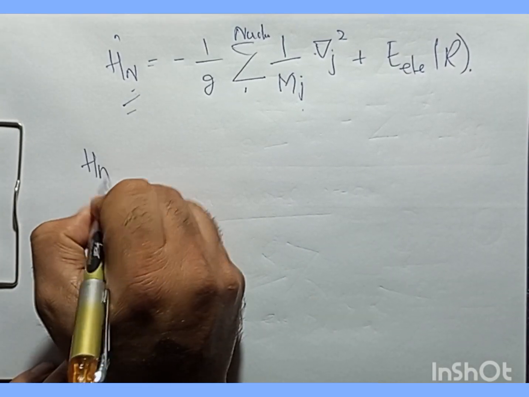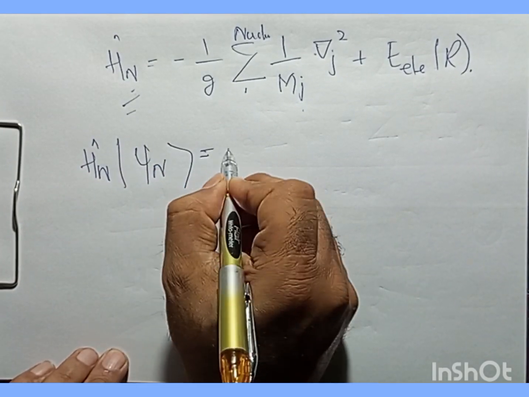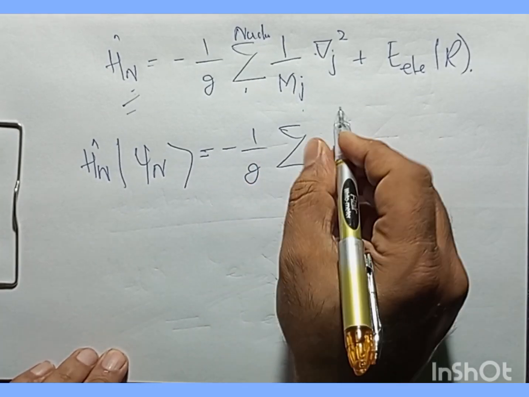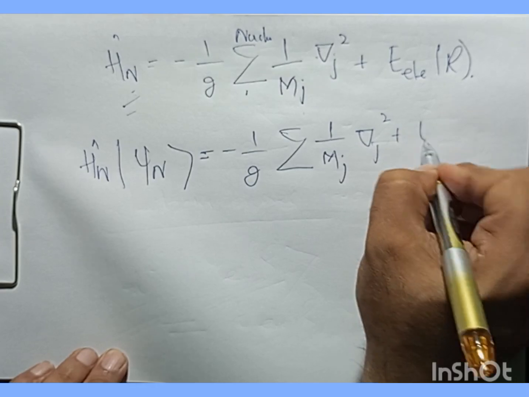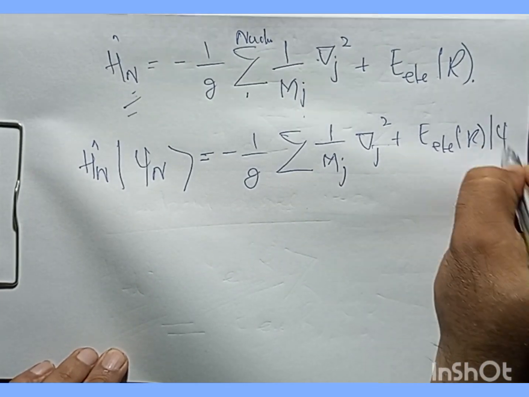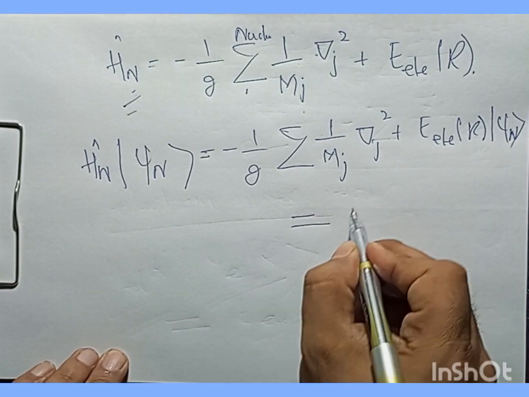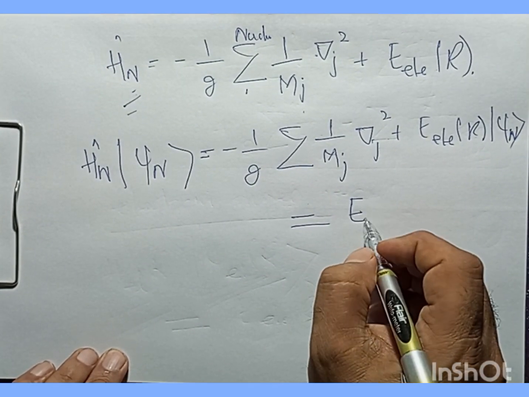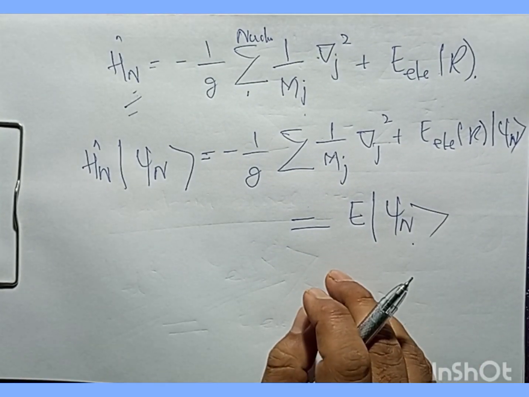So if we write down the state of the Hamiltonian on psi n, this will lead to minus 1 by 2 sum of 1 by mj del j square plus E electronic of R, acting on psi n. What is important here is psi n, which will come with the eigenvalues for the overall molecule as E psi n.